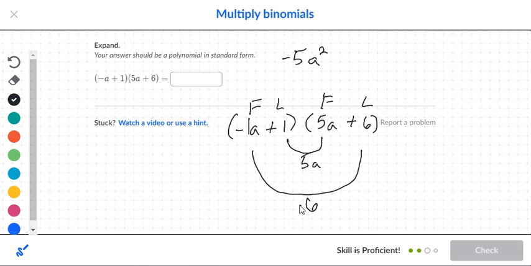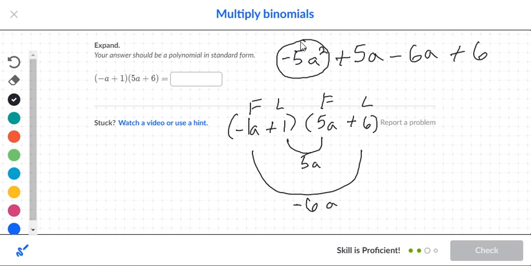That's 6, but that negative sign makes it a negative 6 with the letter A. So I say plus 5a minus 6a. Now my last term is going to be 1 times 6. So 1 times the 6 is a positive 6.